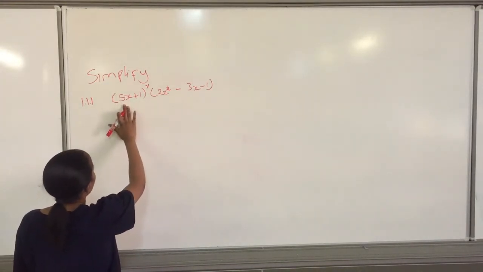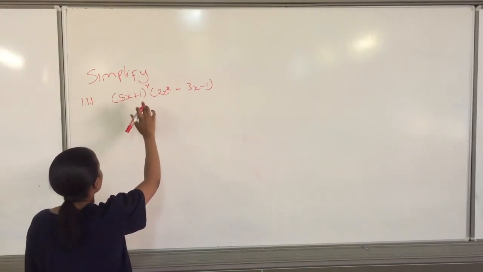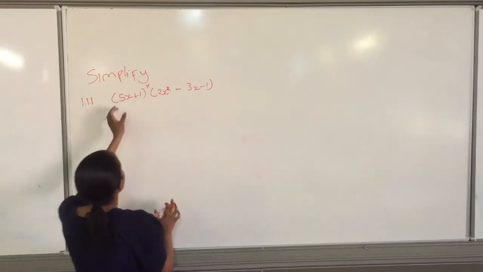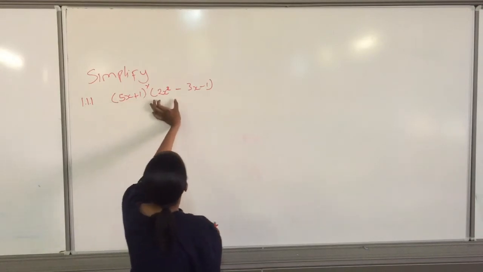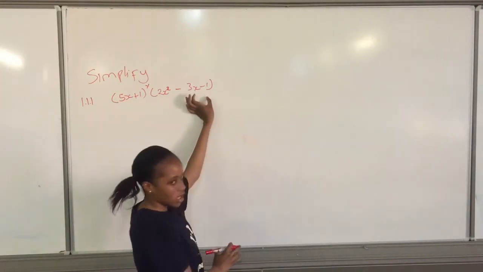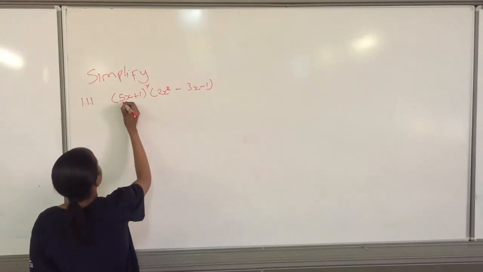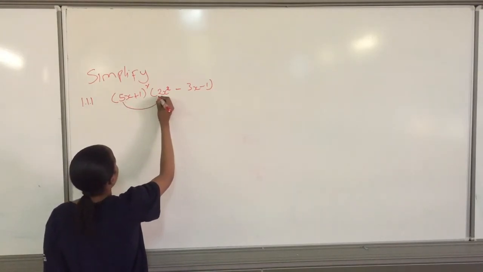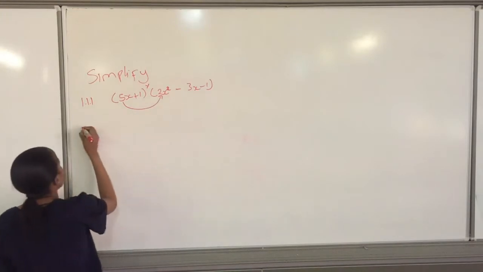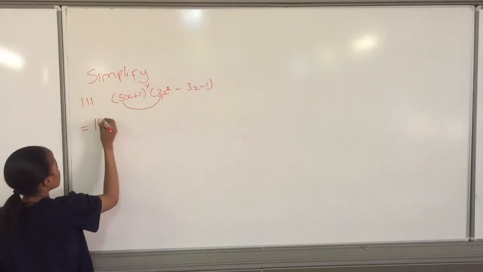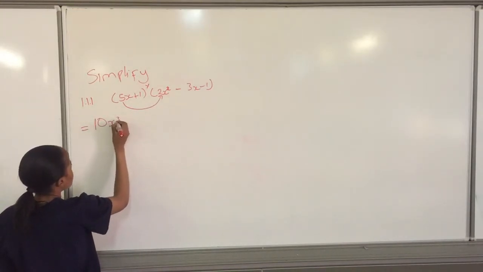Here we're having 5x plus 1. So what you're going to do is firstly multiply this 5x with the whole of this trinomial here. So I'm starting now. You're going to say 5x multiplied by 2x squared, which is 10x to the power 3.